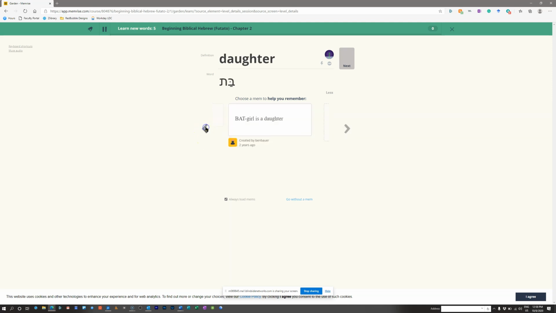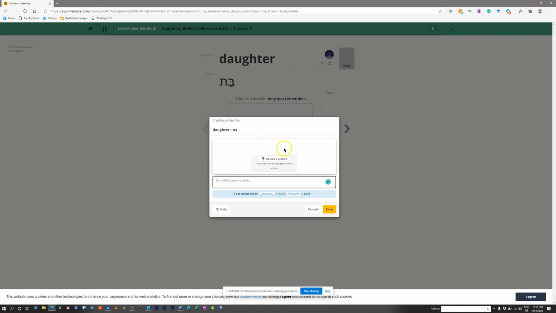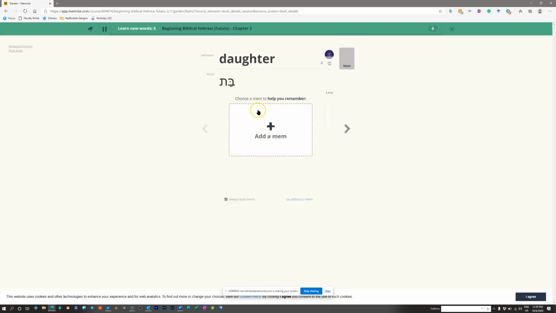There are quite a few terrible memes that are available here. But the good thing is you can add your own. And so maybe you have a picture to help you remember. Whatever you do, maybe it's a picture of your daughter and there's a bat on her face or something, whatever it is that helps you remember. The more crazy, the better. You can save your own mnemonics. Now, this one won't save because I haven't done anything.